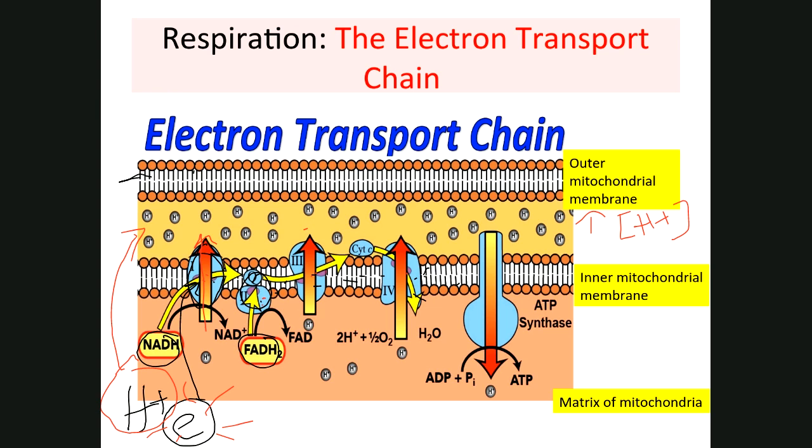So we need a molecule, an atom that is a really good oxidizer. We need an atom that can take electrons even if they don't have as much energy anymore. That molecule is oxygen.